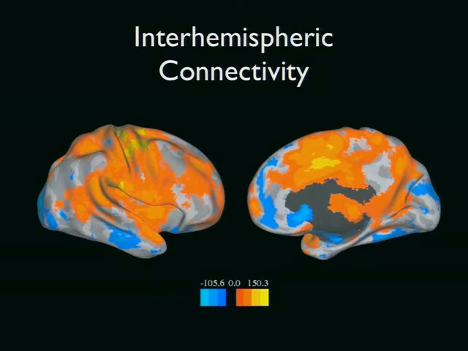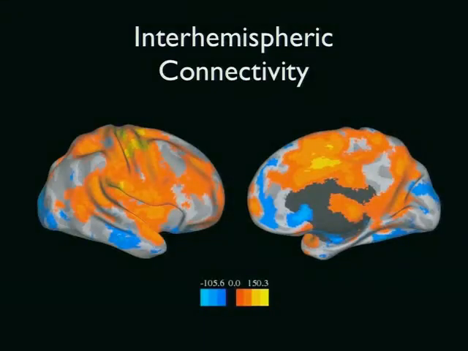So this is a subtraction map where we're looking at areas, plotted on caret, where areas of yellow and orange represent increased connectivity in MS patients compared to controls, whereas areas in blue represent increased connectivity in controls compared to MS patients.